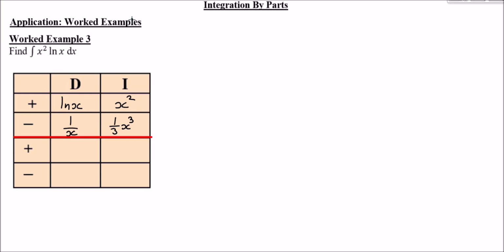So what we're going to do here, we're going to take the product of ln x and 1/3 x cubed, and then afterwards that's going to be our final and only diagonal product, because 1/3 x cubed is an entry in our final row. So therefore this here is going to be 1/3 x cubed multiplied by ln x.